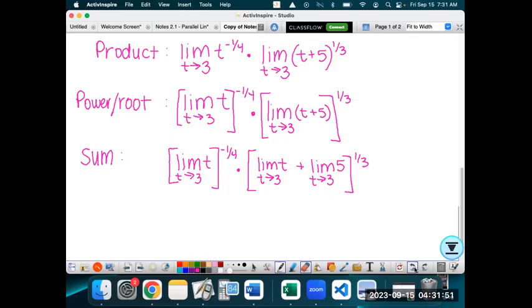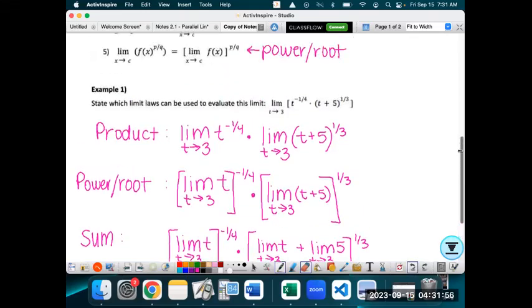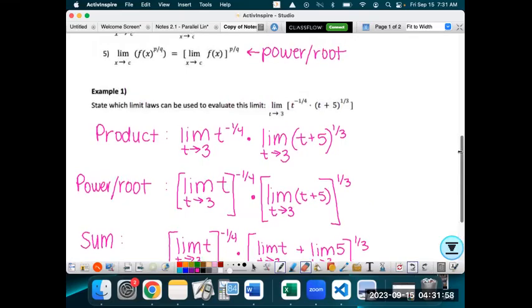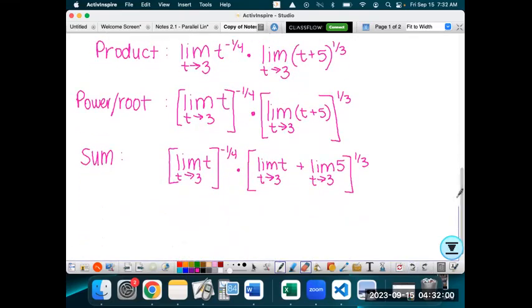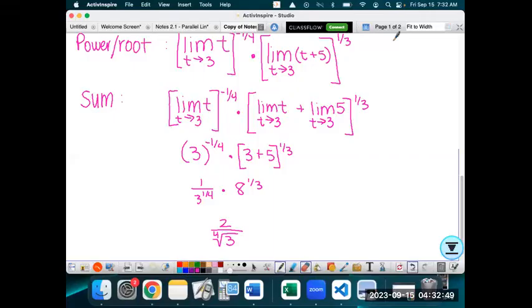But let me just double check the question even wanted me to do that in the first place. No, it just said state which limit laws can be used. So you don't have to. I will put the answer up here if you would like to try to evaluate these, but not necessary. All right, so aside from rationalizing, this is as far as I could take it.